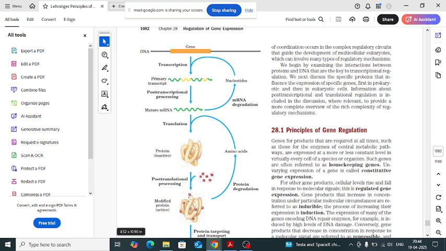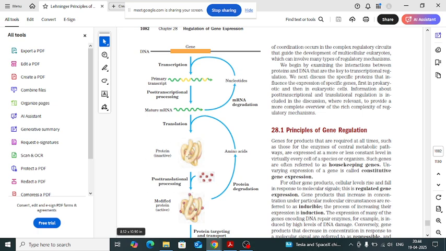Some proteins do not need to get into the ER; with the help of cytosolic chaperones only, they can be folded properly. But some proteins need extra folding, so they go to the endoplasmic reticulum, where they will be further folded and processed, for example by the addition of glycosyl groups.